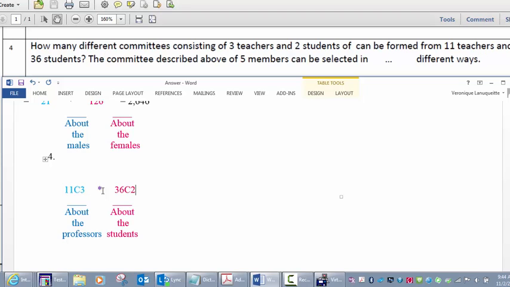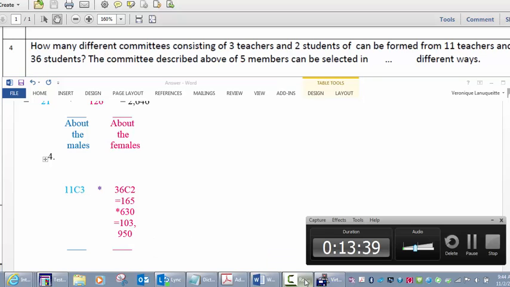And when you use a calculator for that, you're going to get 165 times 630, and the final answer on that will be 103,950. So that would be the answer that we get. Okay, so try this out and check that it's correct.